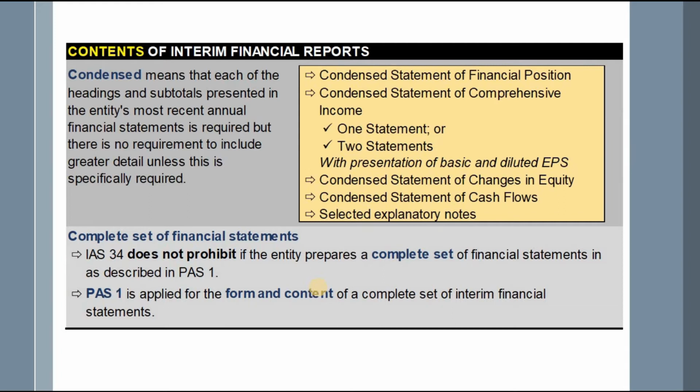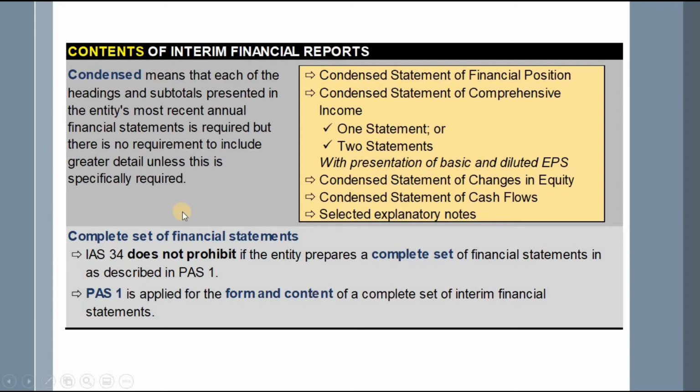The other way to present interim financial reports is to prepare a complete set of financial statements. The difference between the two is that if the financial report is condensed, the preparation will be based on PAS 34, which is simple compared to the complete set of financial statements. Again, the complete set of financial statements will be based on PAS 1.